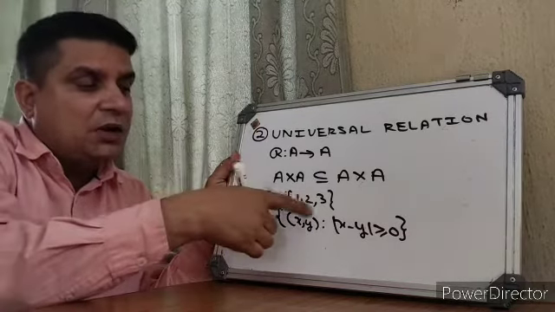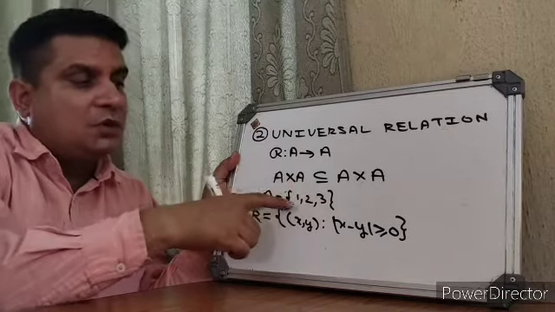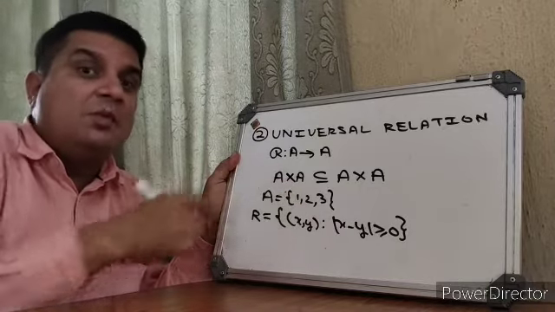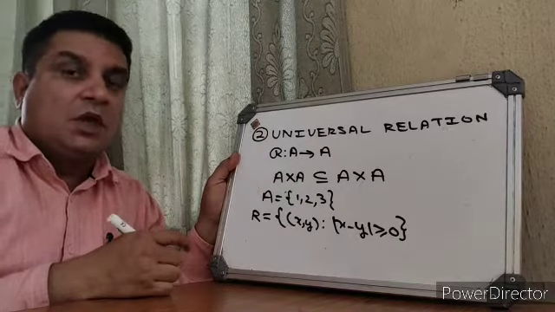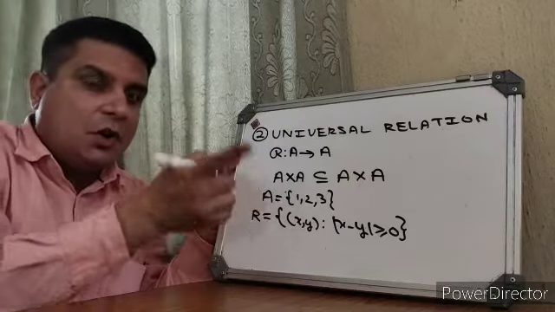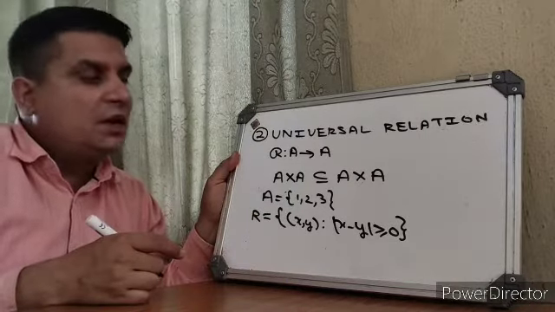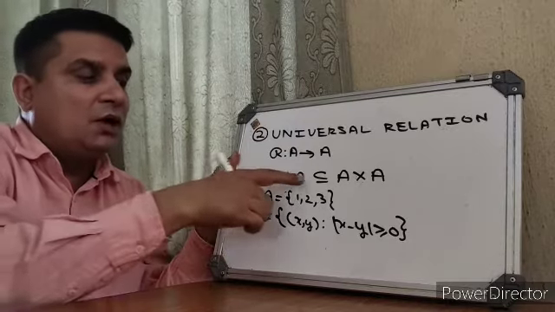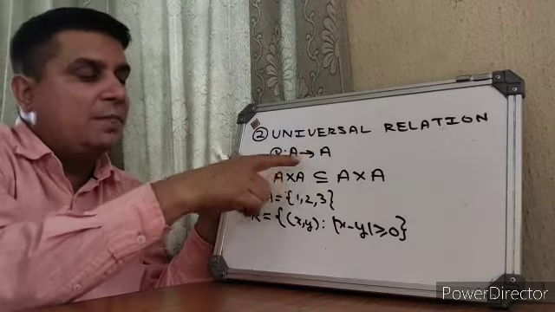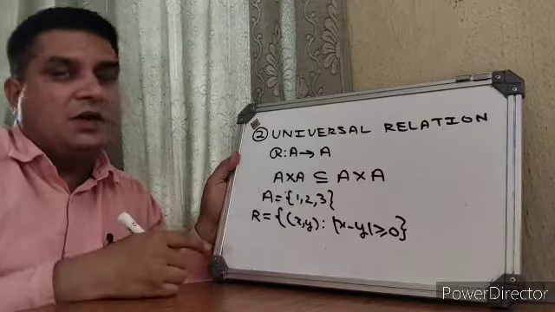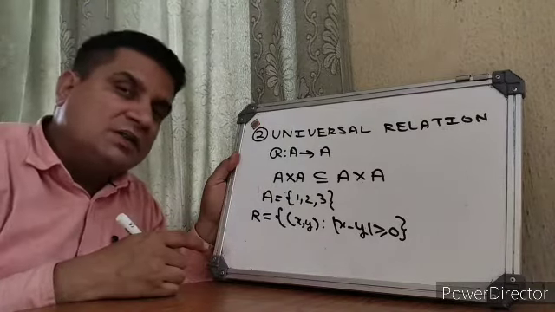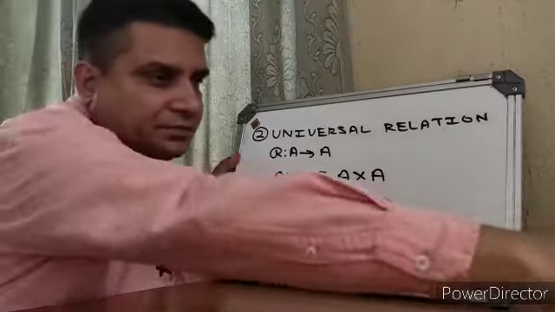How many ordered pairs will be formed? Total ordered pairs will be 9. If all 9 ordered pairs are in your relation, that is called universal relation. So simply, if you are making relation from A to A and A cross A is a subset of A cross A, then it is your universal relation.